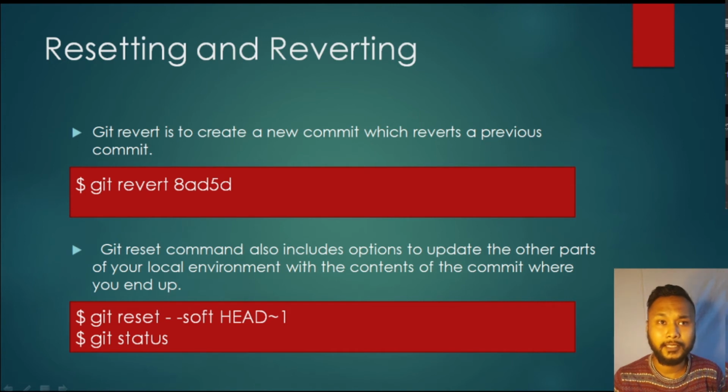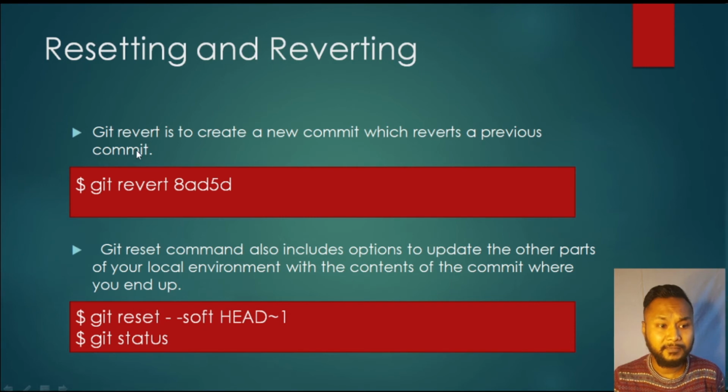Or let's say you have a bug and you go on debugging your project, and you use git bisect, and you find out which commit gave you that bug, and you might want to rewind and go to that commit and start from there. So there is an option called Git Revert.